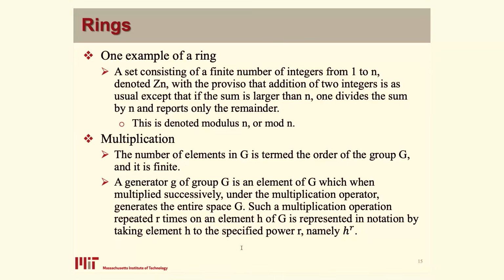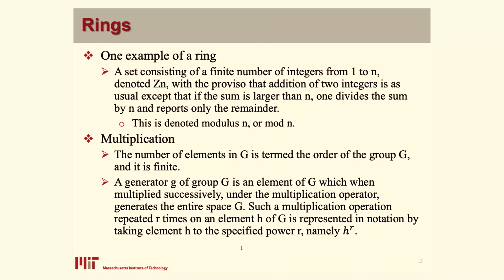Multiplication is the same. Take any two elements of G, termed the order. The order of a group G is the number of elements in G, and it's a finite number, as above. And a generator of group G is an element of G which, when multiplied successively under the multiplication operator, generates the entire space. So we're going to do the multiplication operator R times.